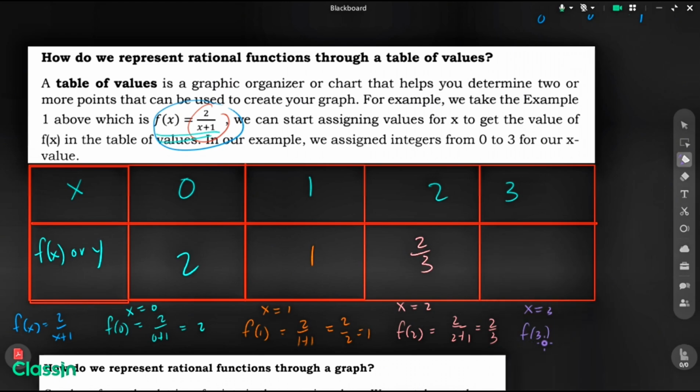So f of 3 is equal to 2 over 3 plus 1, which is 2/4 or 1/2. So this will be our table of values. Our domain are 0, 1, 2, 3, and our range, or y, will be 2, 1, 2/3, and 1/2.